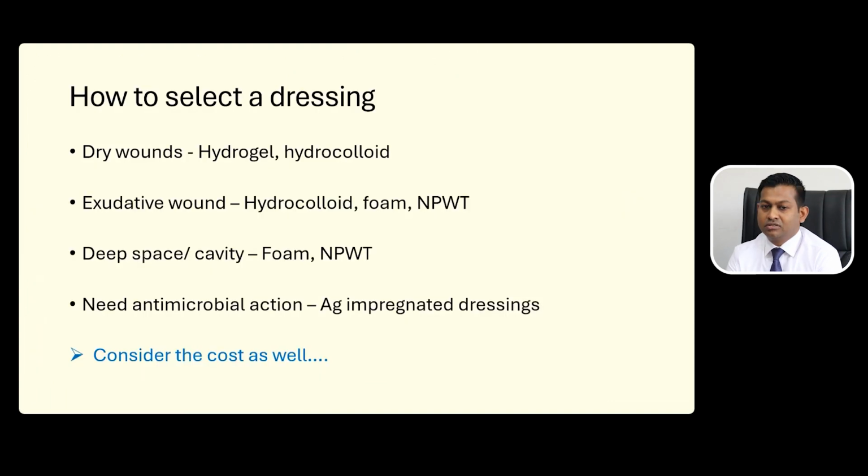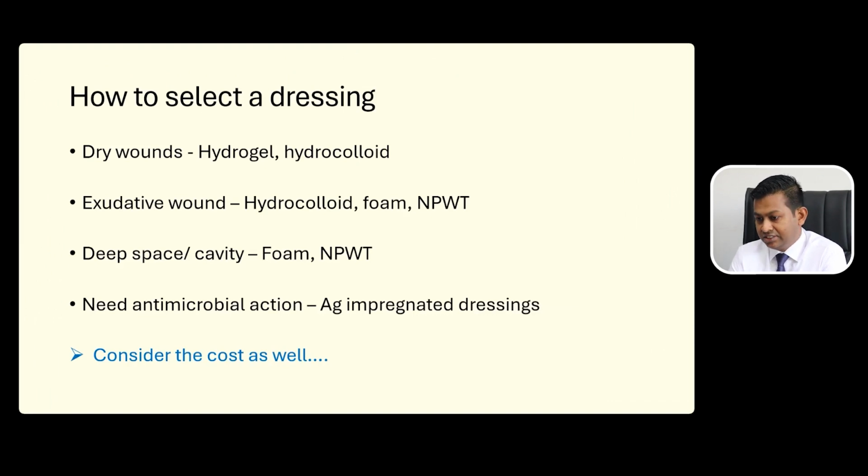Okay, so how do you select a dressing? First of all, even though it sounds easy, honestly, I would say it's very difficult. I can just give a guide. We can start off with this, right? The basic is, what we need to achieve is, we need to maintain ideal moisture.